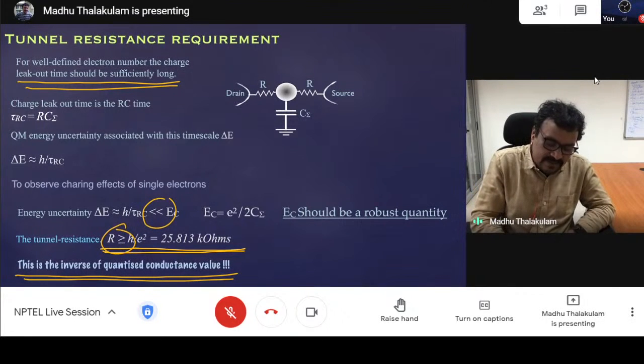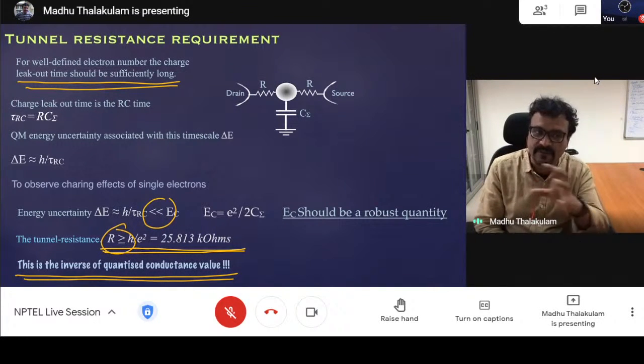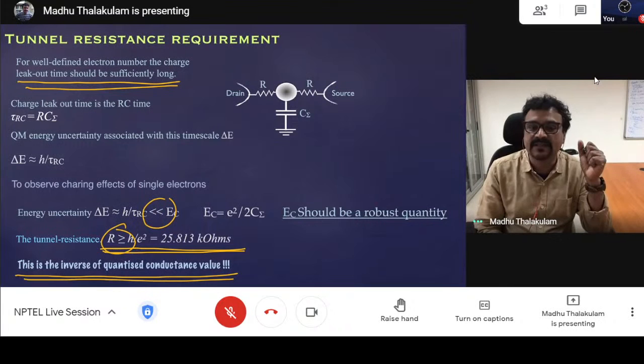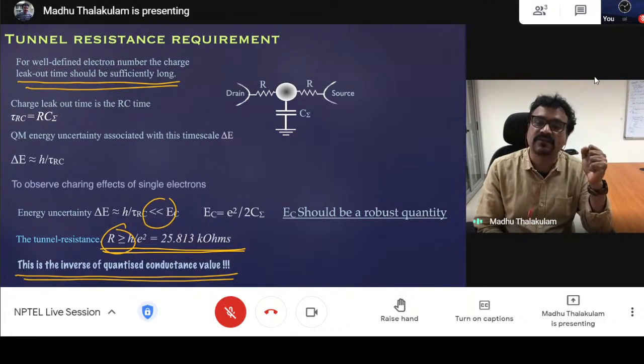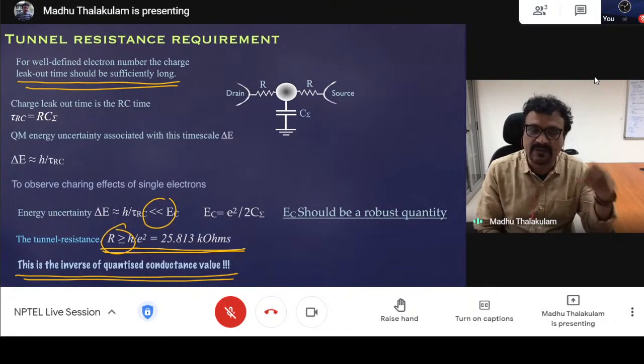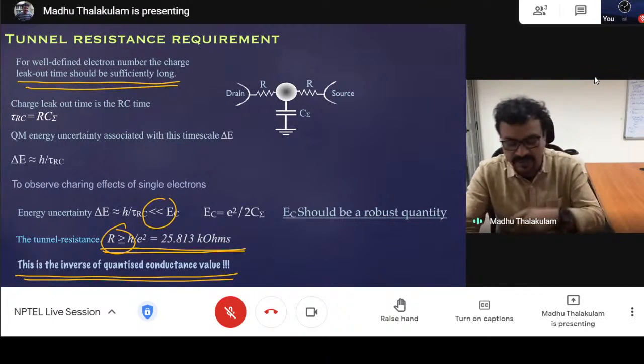So this lower limit is another factor which comes from quantum mechanics. The lower limit for the tunnel junction resistances or weak link resistance comes from the quantum mechanical uncertainty relation. This is exactly where quantum mechanics comes into the picture for this single electron charging phenomenon.